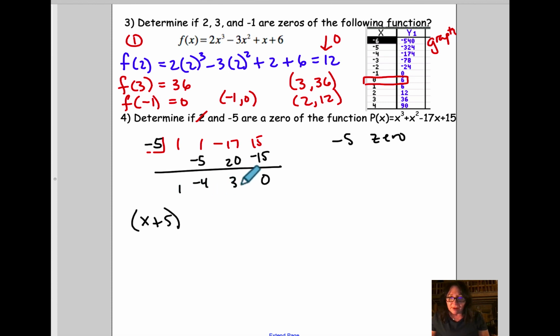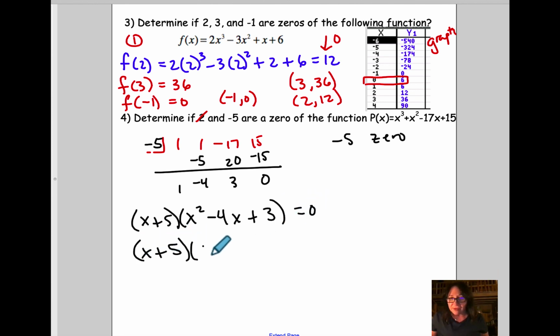Additionally, 1, negative 4, 3, this goes with this. So if it was a cubic, x cubed, then this is going to be x to the second power minus 4x plus 3 equals 0. Factoring that is going to give you x plus 5, x minus 3, and then x minus 1. And so my zeros are negative 5, positive 3, and 1.